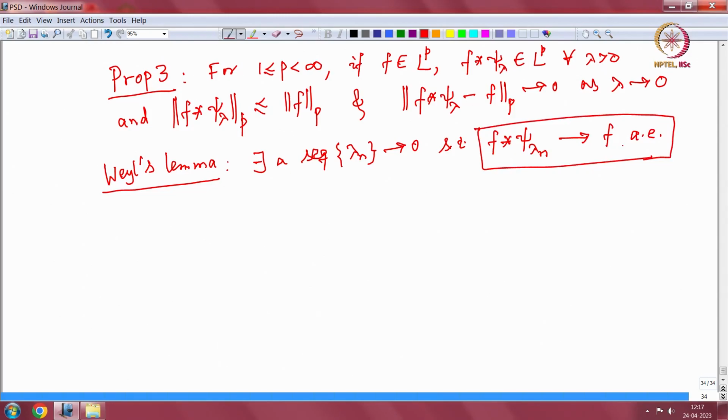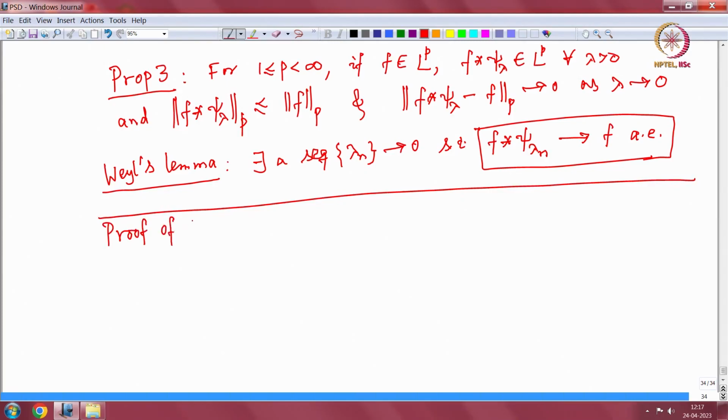So with this preparation, now we come to the proof of the inversion formula.